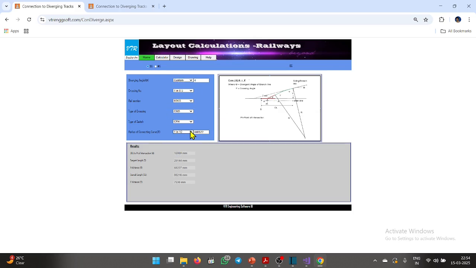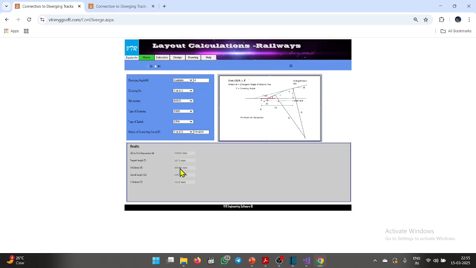You can give 1 unit of this curvature also, you can give 220, 231, whatever you want, you can customize that also. The radius of curvature also you can feed here, and you can design.